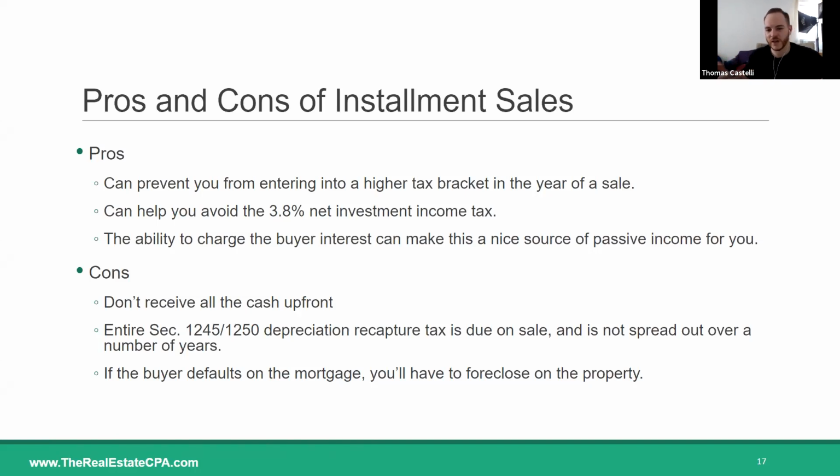But because I want to make you aware of the strategies, if you're taking notes out there, take a look at something called a monetized installment sale and a deferred sales trust as alternatives to installment sales. I did write an article on this. It's on the Real Estate CPA's website, 6 alternative exit strategies when you sell your real estate.